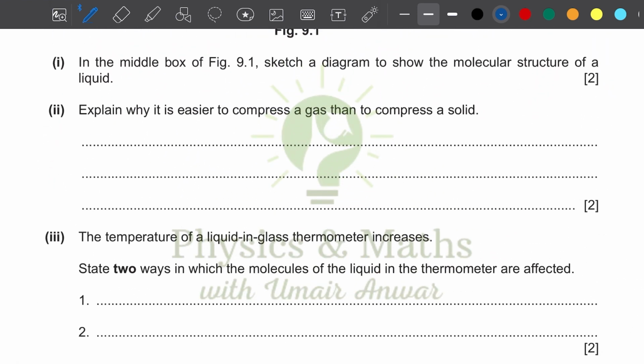Explain why it is easier to compress a gas than to compress a solid.